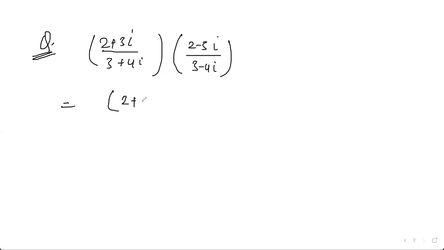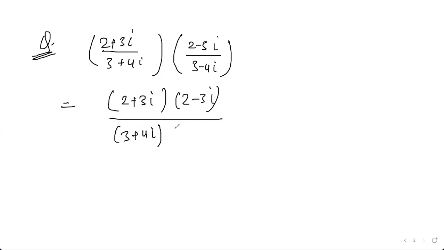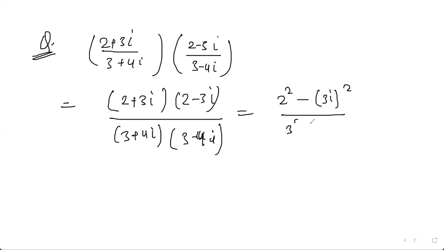We can write 2 + 3i and 2 - 3i, and after that 3 + 4i and 3 - 4i. So we can write 2 squared minus (3i) squared, and similarly in the denominator 3 squared minus (4i) squared.